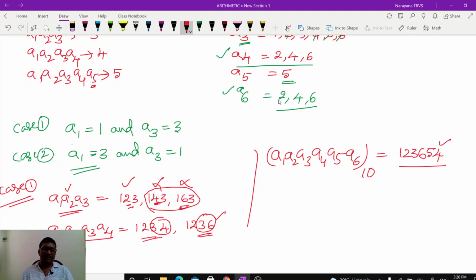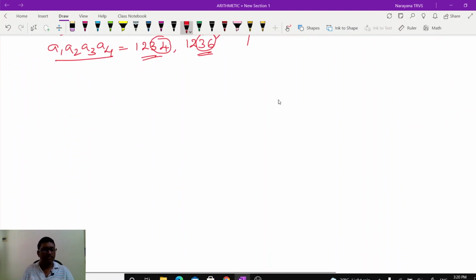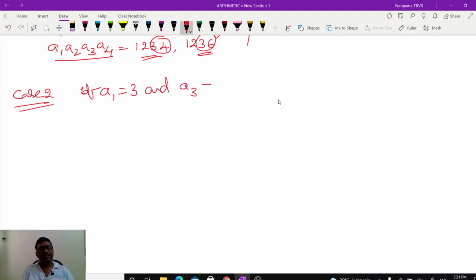Now let us see case 2. In case 2, if a1 is equal to 3 and a3 is equal to 1, then a1, a2, a3 base 10 is 3, 2, 1 or 3, 4, 1 or 3, 6, 1.